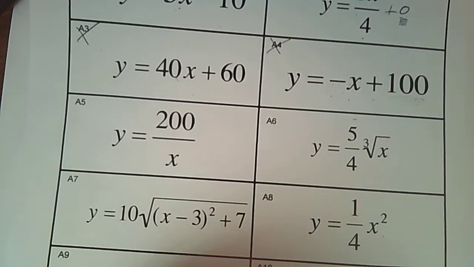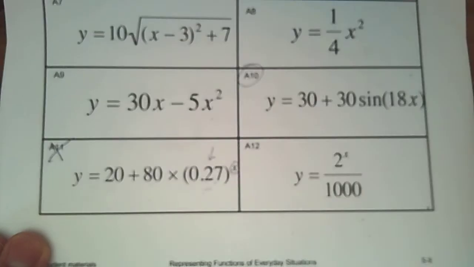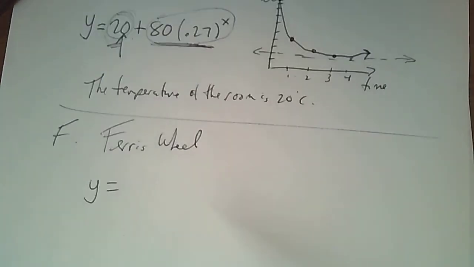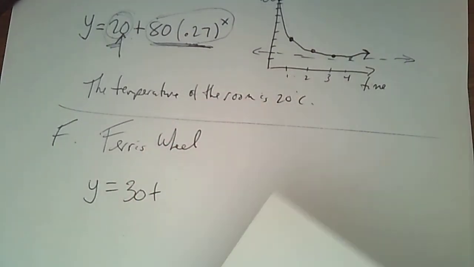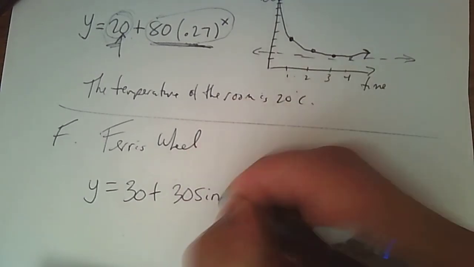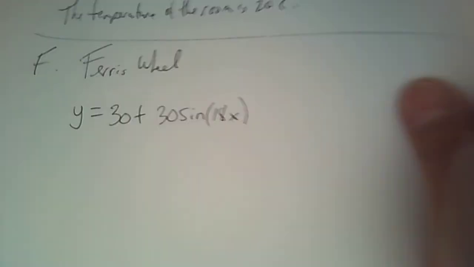I used this one here at the bottom. And the trig that we're going to use right now is right here, A10, this sine wave. So we have y equals 30 plus 30 sine 18x. And we want to graph that.